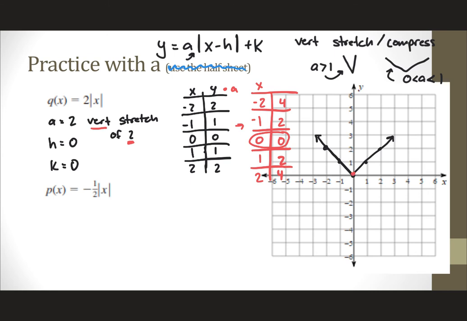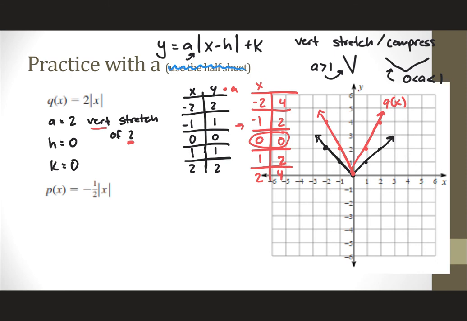But I go -1, 2, -2, 4, 1 and 2, 2 and 4. And there we go. Look how much narrower that made my graph. I have a very narrow graph because I had a vertical stretch. And there it is. Okay?